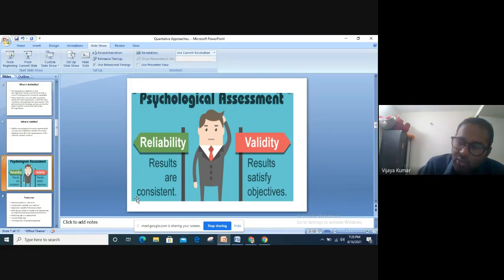So if Charles goes and conducts the same experiment with a different batch of students, then it is reliable, which means that any researcher who is working on an experimental design should not be happy with one particular sample. You should retest it in 2 or 3 contexts.